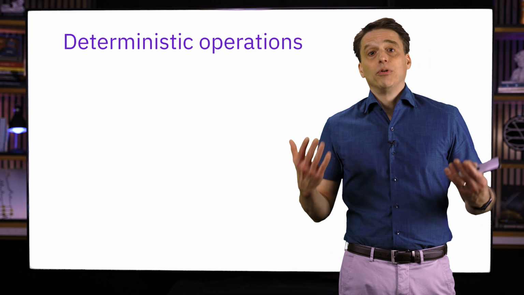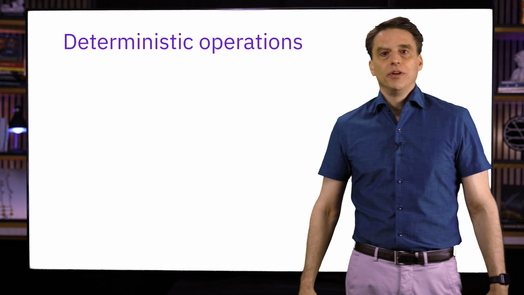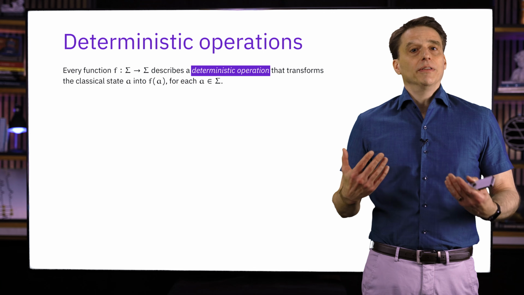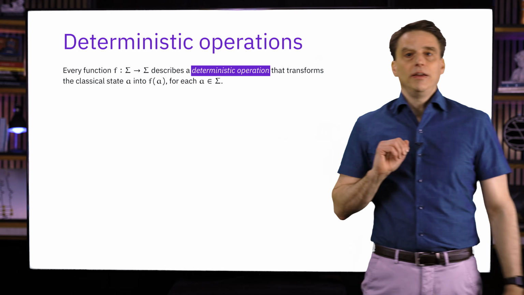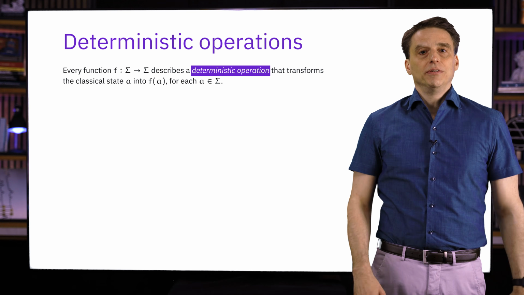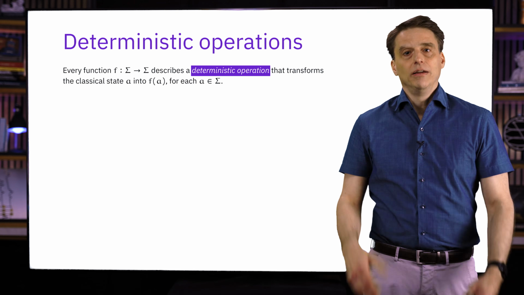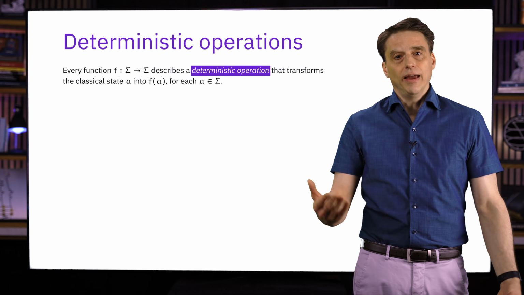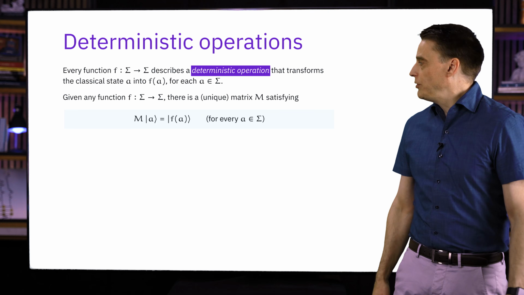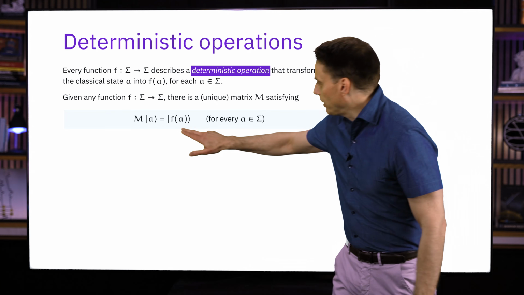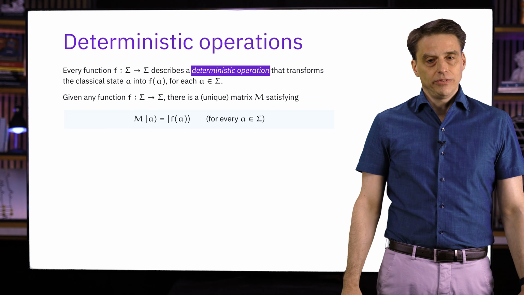So let's go back briefly to deterministic operations and recall that a bit earlier in the lesson it was stated that for every function f of this form right here, we have a deterministic operation that transforms A into f of A for each possible classical state A. And we said that for any function like this, there's always a unique matrix M that acts like this on standard basis states.